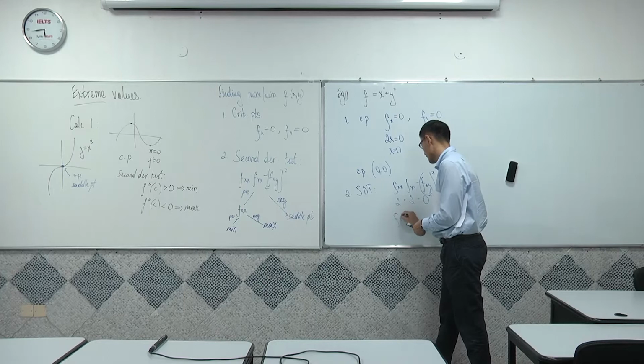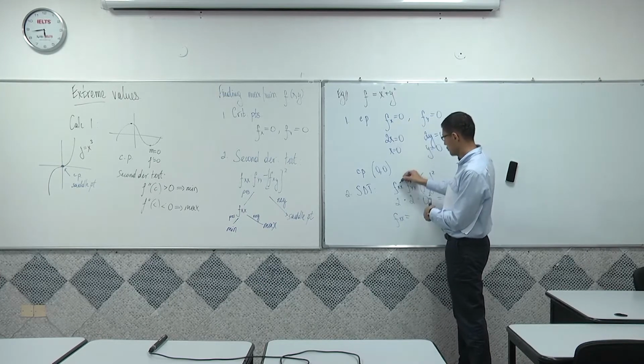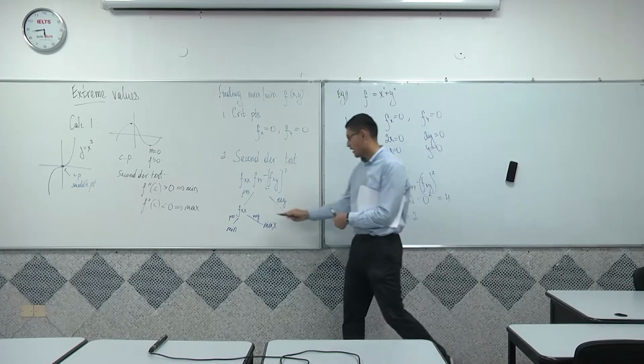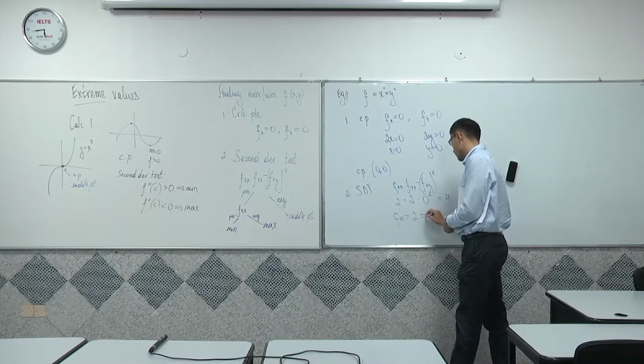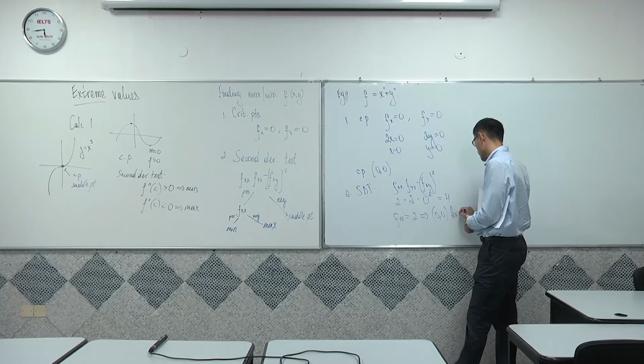If I check fxx, okay, again, remember, it was 2, right? It was 2. And so this is positive, and if this guy is positive, then we're dealing with a minimum value. So this is a local minimum.